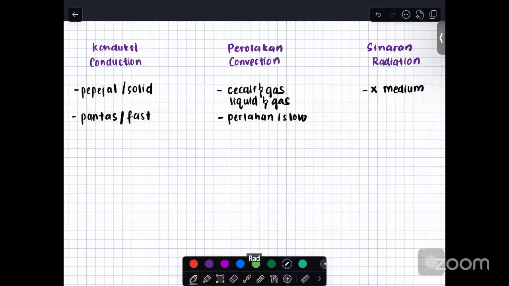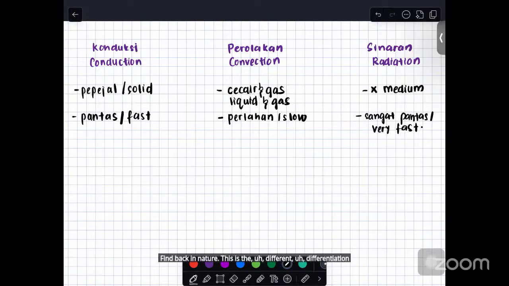Radiation adalah proses pantas, but dia sangat cepat daripada konduksi. So, teacher put here, sangat pantas. Okay? Very fast. Okay? Faham tak? Ini je. This is the differentiation yang pelajar kena faham.